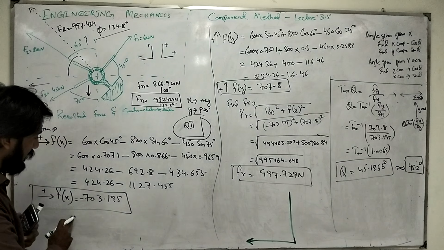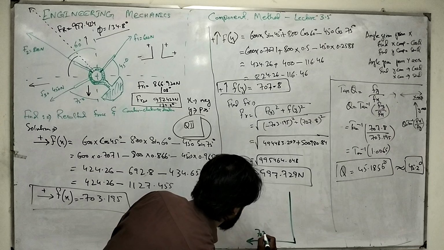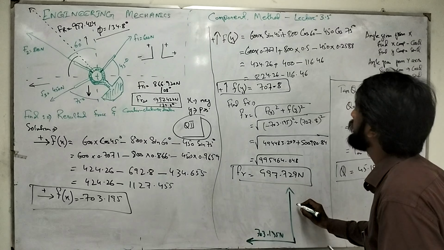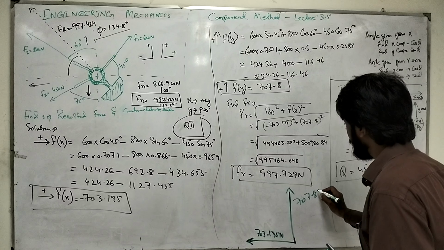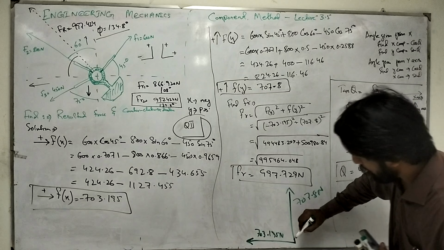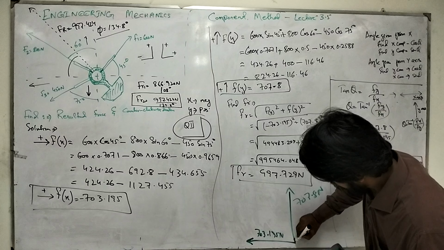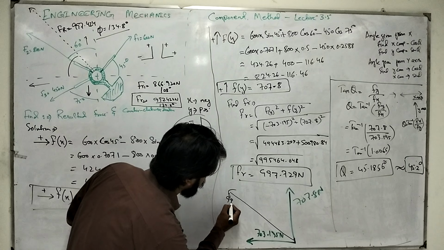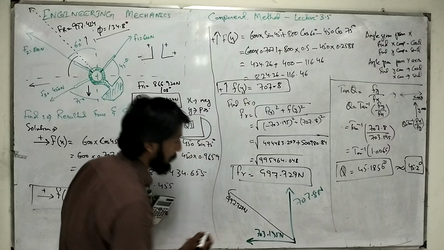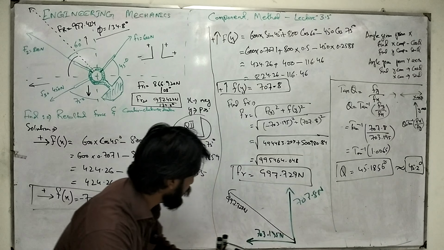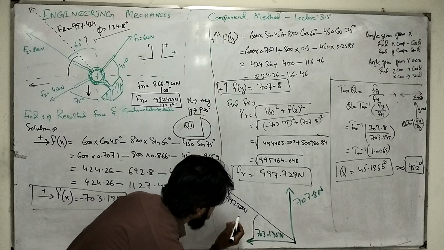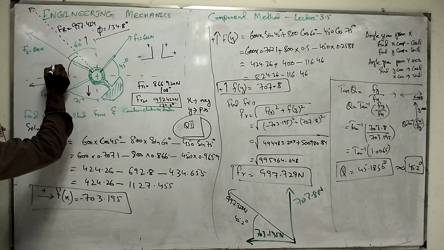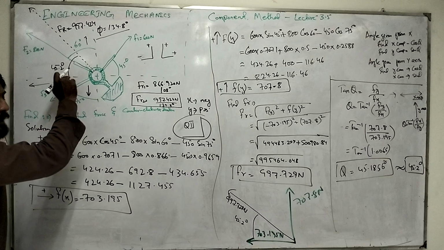So the y component is 703.195 Newton and the x component is 707.8 Newton, and we have a resultant force of 997.729 Newton, and we have this 45.2 degrees from here to here, 45.2 degrees, which is the same as here because we are referencing it from the x-axis.